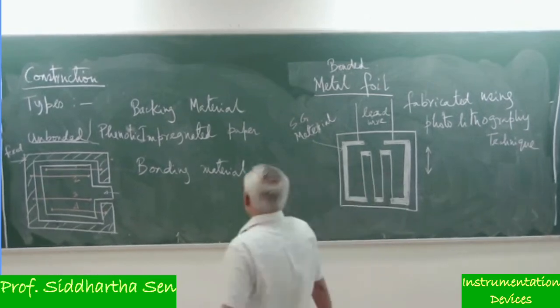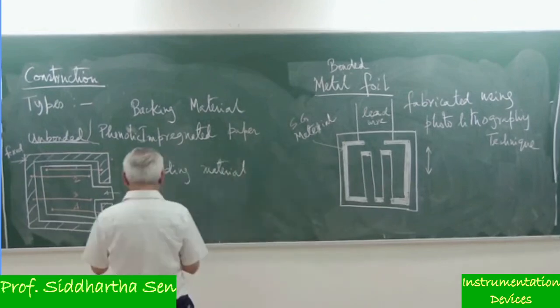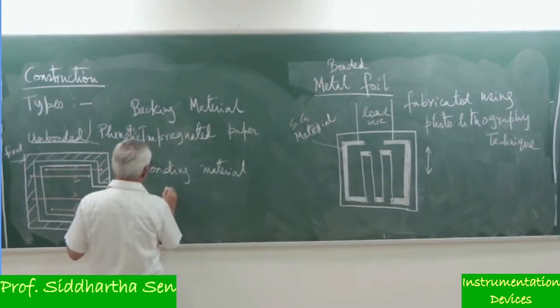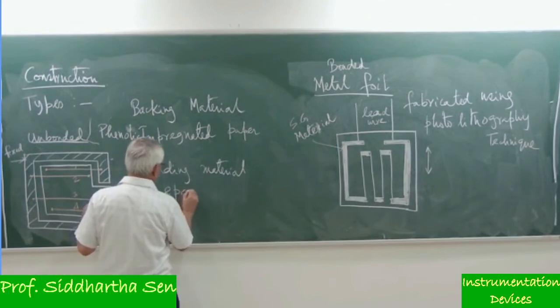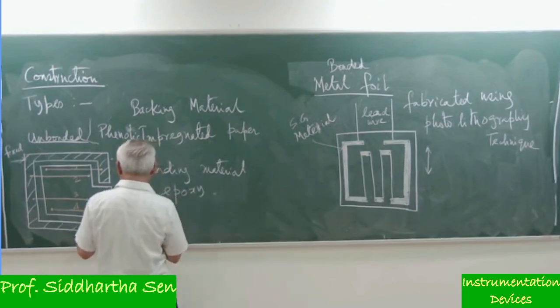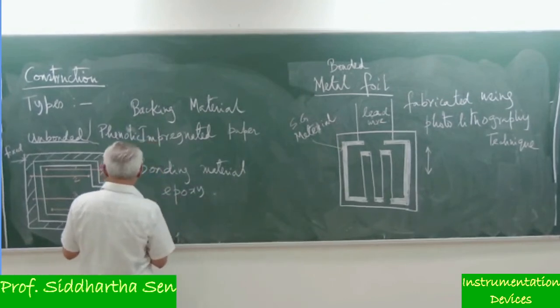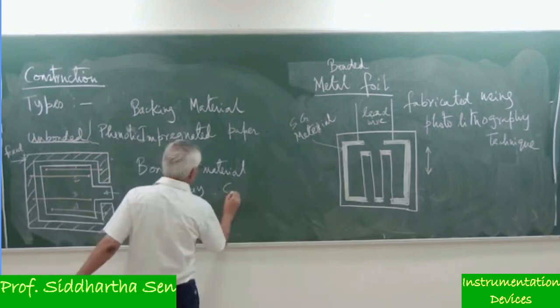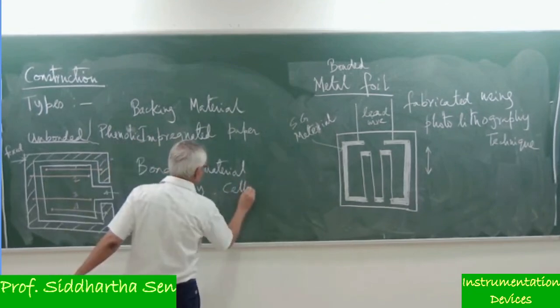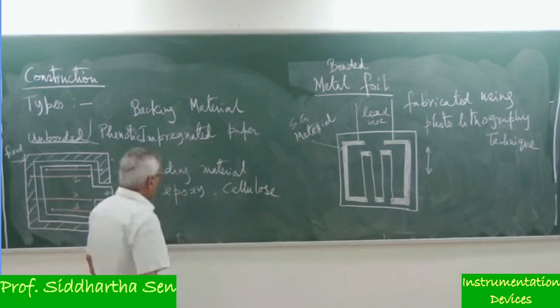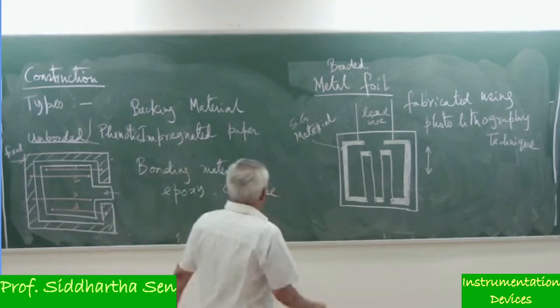So these bonding materials are basically, we call them, epoxy, cellulose. These are the materials normally used for this.